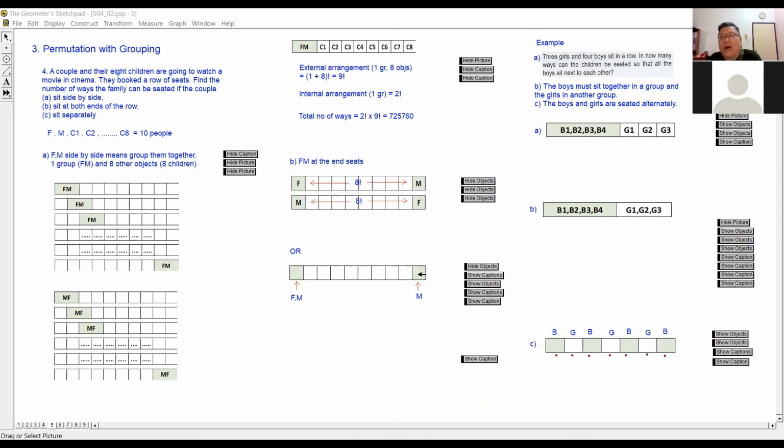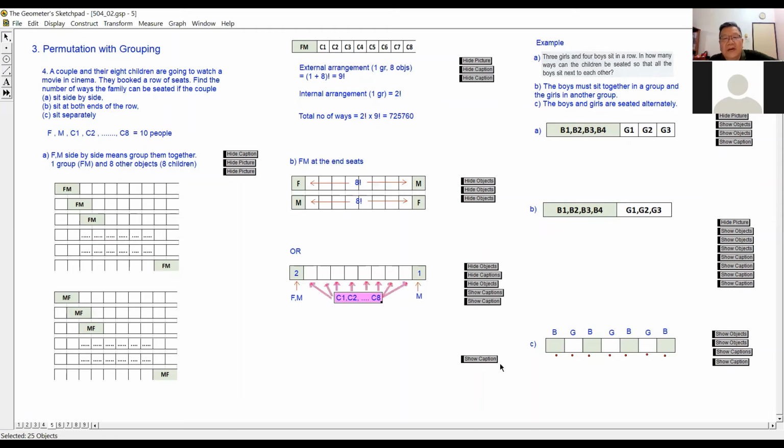The last seat has only one way, because father already sits in front and only mother is left. Or mother sits in front, then only father is left to sit at the back. Either way it is 2 ways, because either one of the 2 persons can sit here. After using up 1 person, only 1 person is left to sit at the back. So 2 in front, 1 at the back.